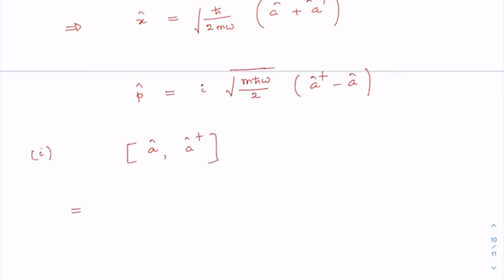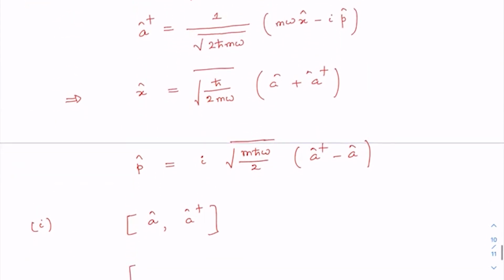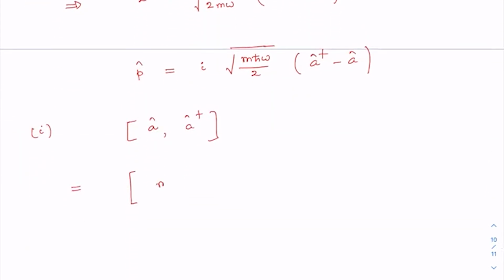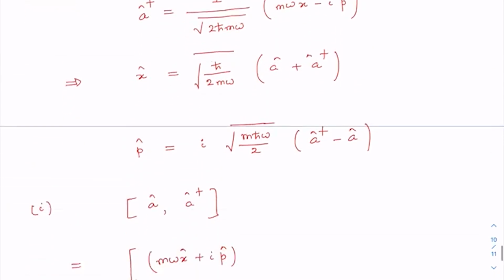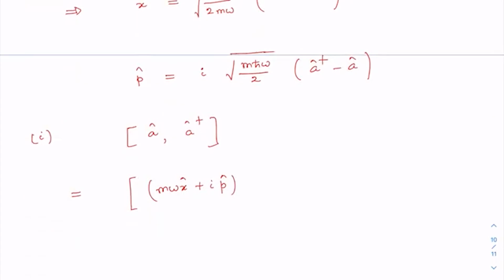Okay, now first relation, [A, A dagger]. So if I put the expression for A and A dagger, then I have here A is equal to (m omega x cap plus ip), then the factor of 1 by square root of twice h cross m omega, let me take it outside.